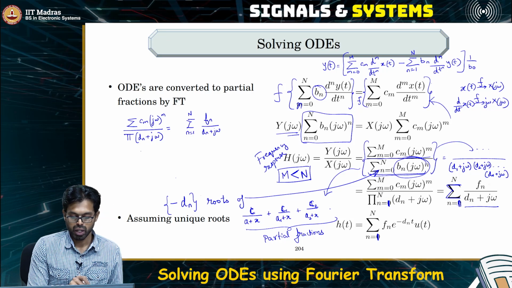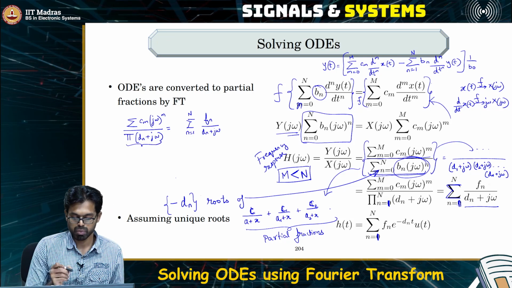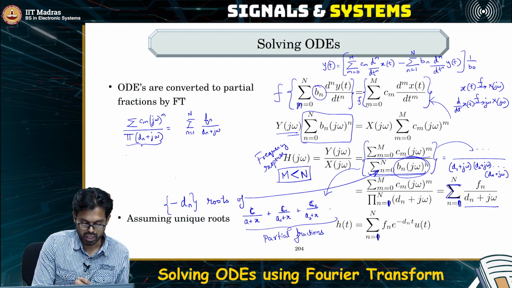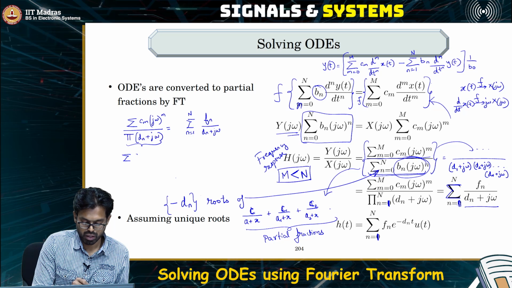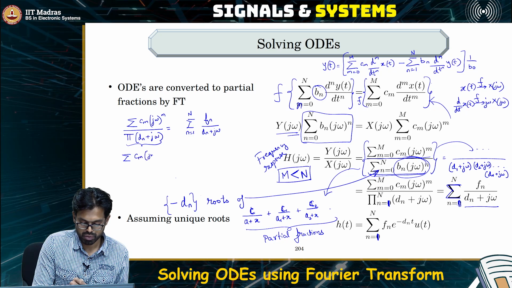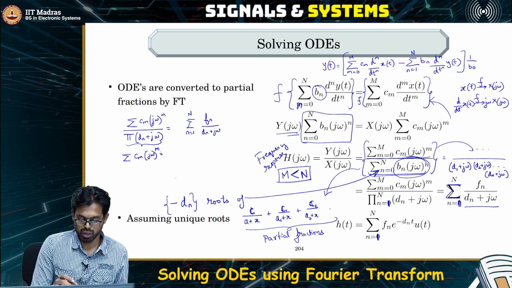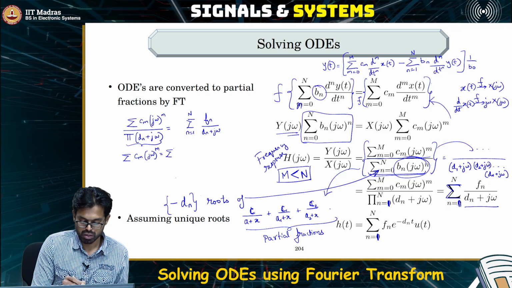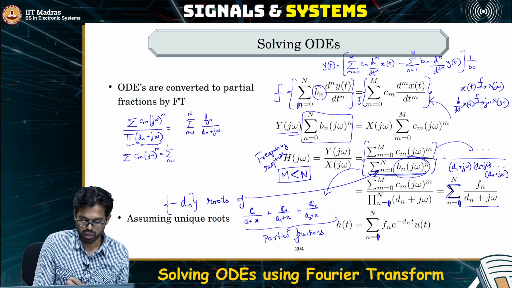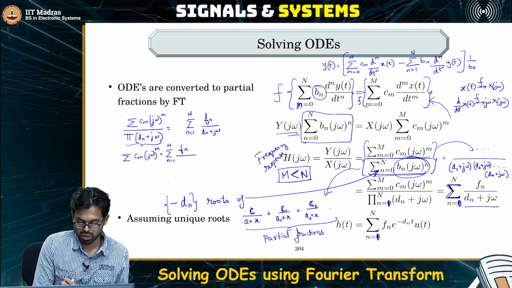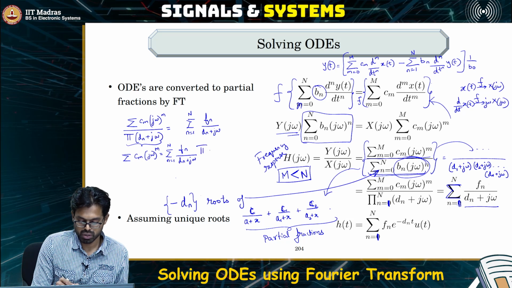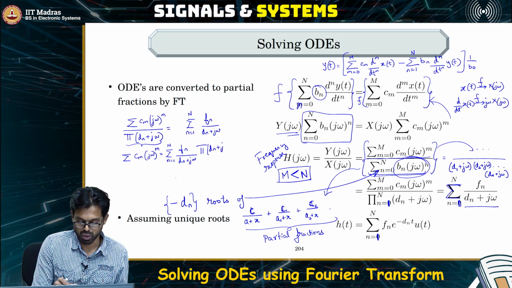Now just multiply this entire polynomial on both sides. If you multiply this entire polynomial on both sides, then we get Cm of j omega to the power m equals the summation n equal to 1 to capital N of fn times the product of dn plus j omega.